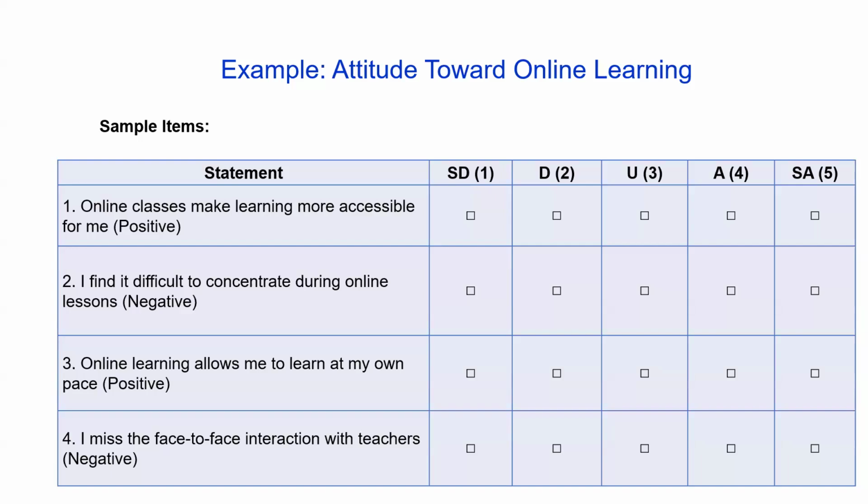If you mark the second one, disagree, that means you find it easy. You disagree with I find it difficult. No, you don't find it difficult. That's why you mark D. If you mark uncertain, you don't feel it as difficult or not difficult. Sometimes it's difficult, sometimes easy, so you can't come to a judgment or decision.